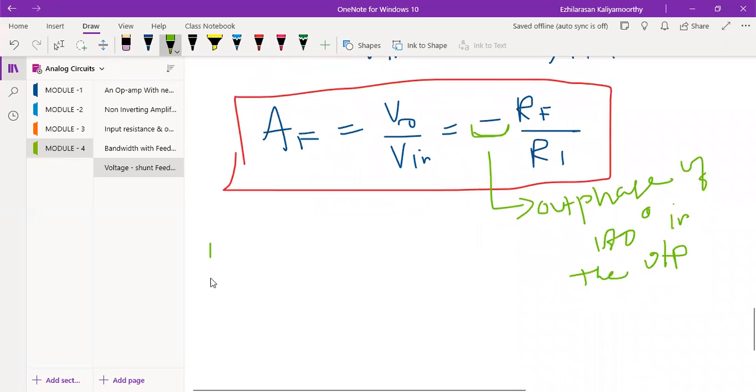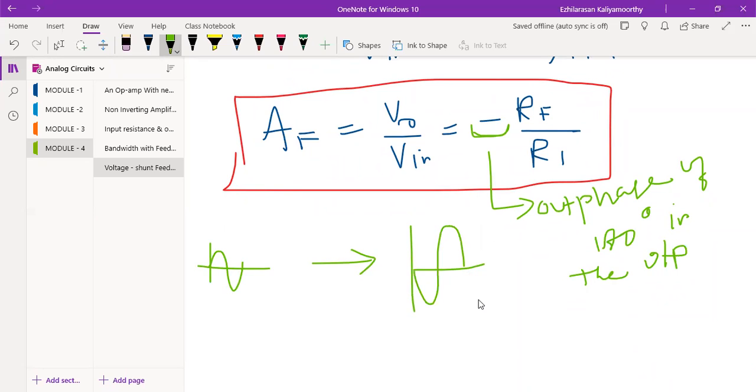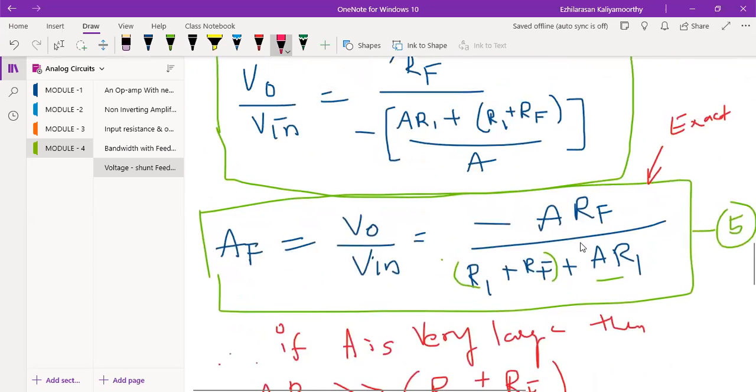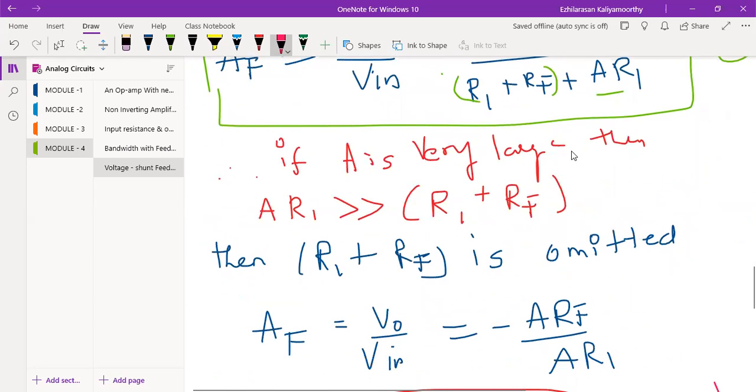Because when you give the input like this, we will get the output with a phase shift of 180 degrees. That minus is not a negative value; it indicates the phase shift of the output. This is for the ideal case, so you have to make it very clear, because the exact case is this one.